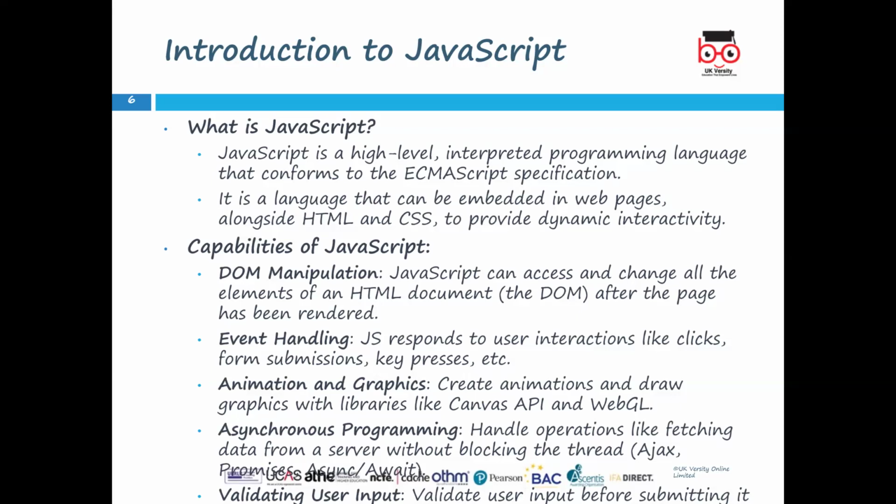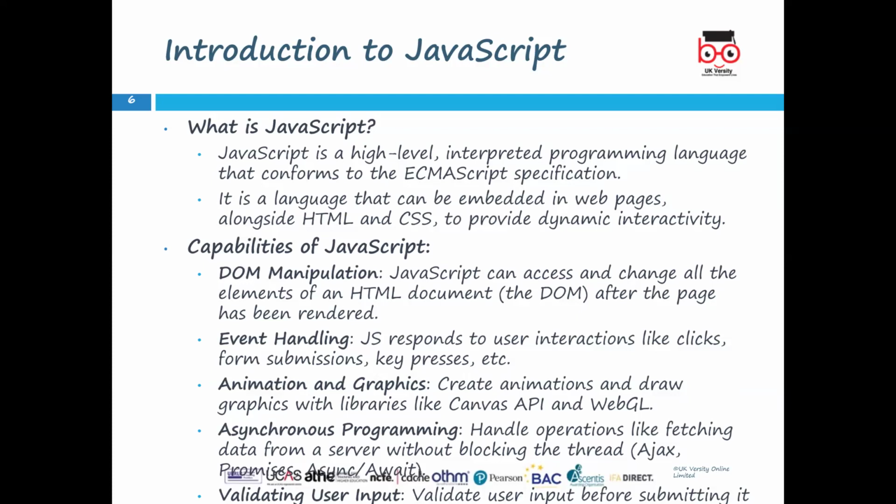Okay, so here we have the capabilities of JavaScript. First, DOM manipulation. With JavaScript, we can access and change all the elements of our HTML document. Event handling. With JavaScript, we can respond to user interaction, for instance clicks, form submission, and so on. It is also used for animation and graphics.